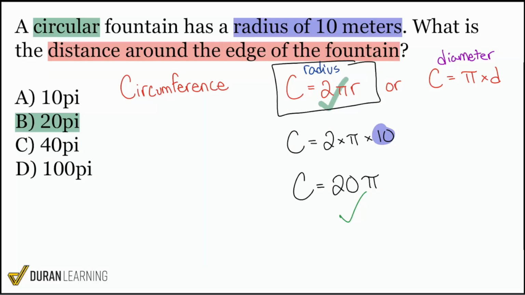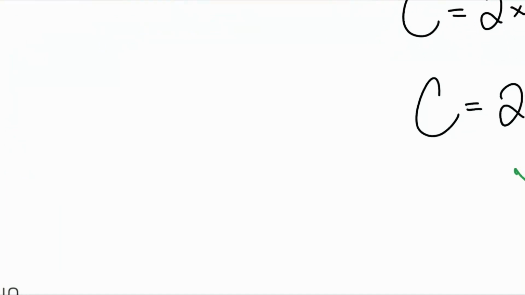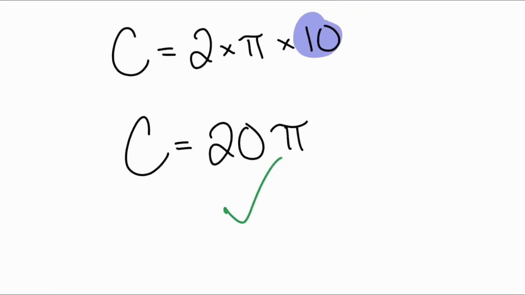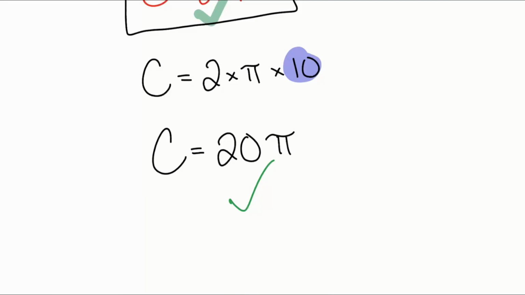So let's go ahead, and before we even get into the next problem, I just want to take a quick little detour. And that detour is just going to be this. My party people, if we had a formula, let me just zoom on in over here. Let's say we had a formula that said, hey, circumference.